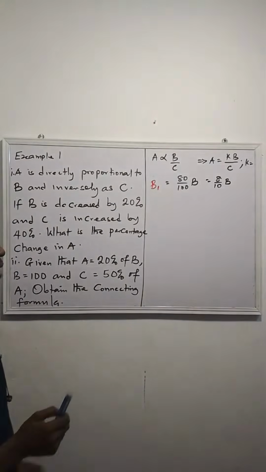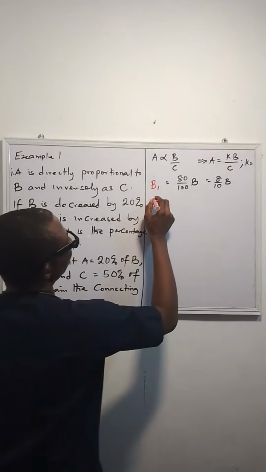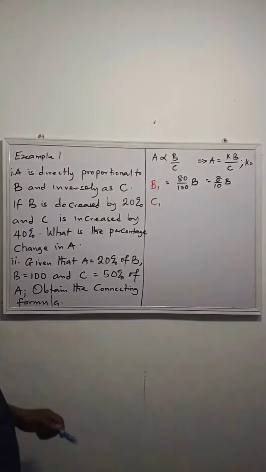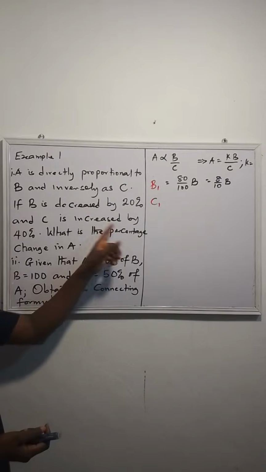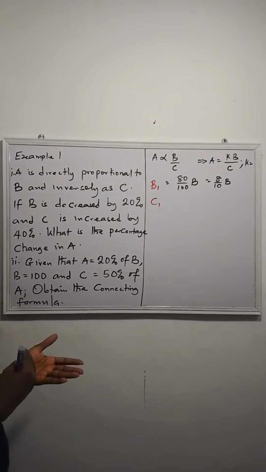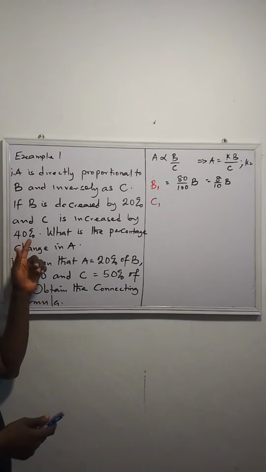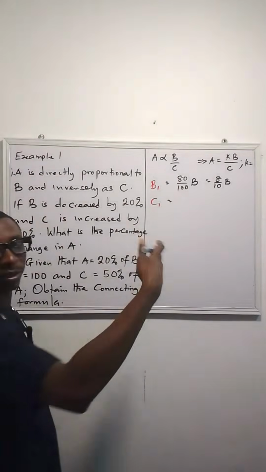Okay, so now let's look at the second one, which is C. Let's call that C1. C is increased by 40%, so it has gone beyond 100. So that will give us what? You add 40 to 100.